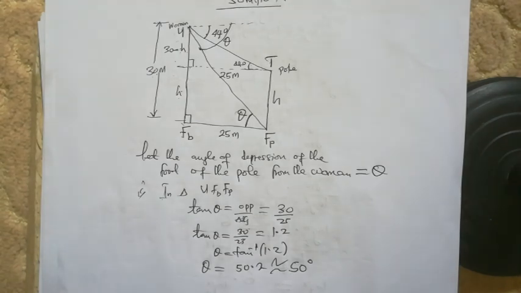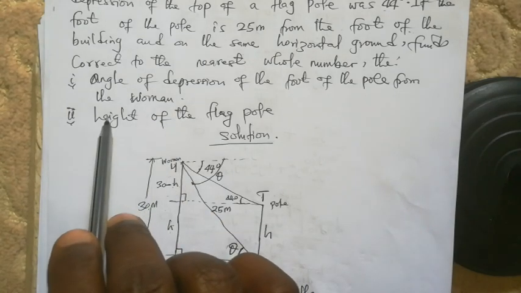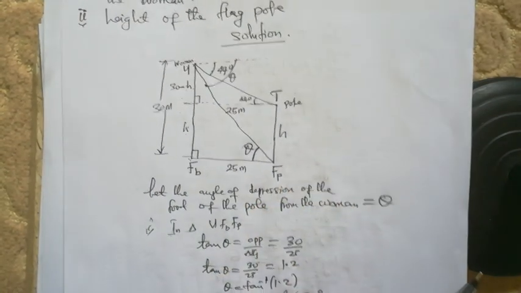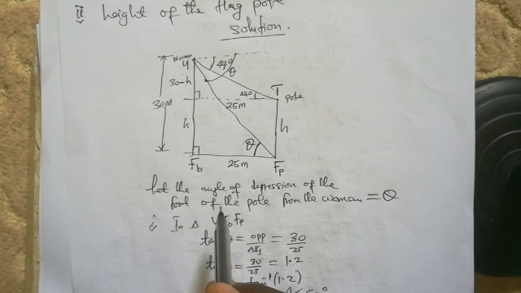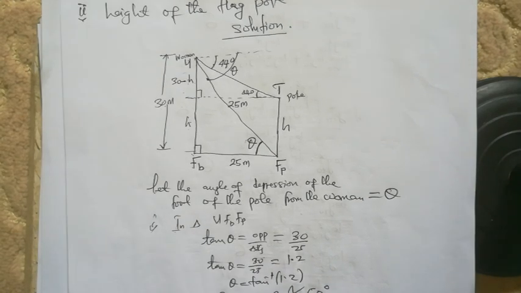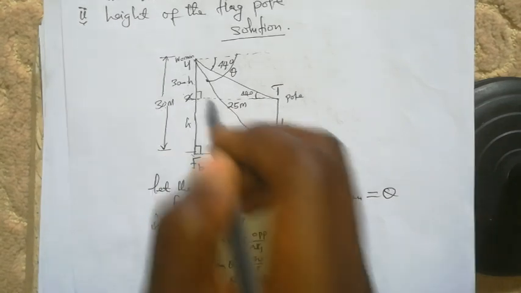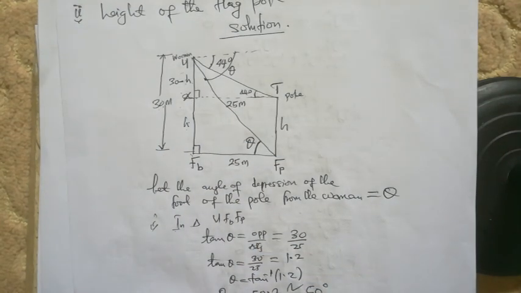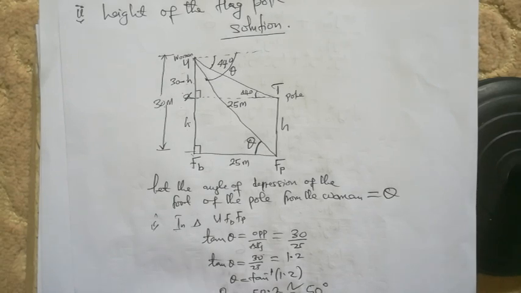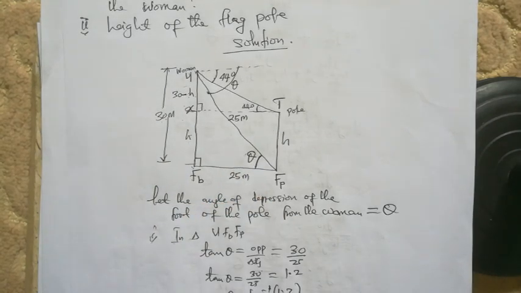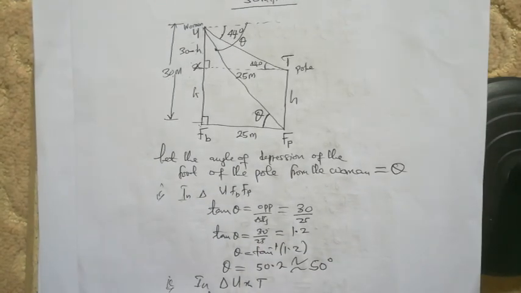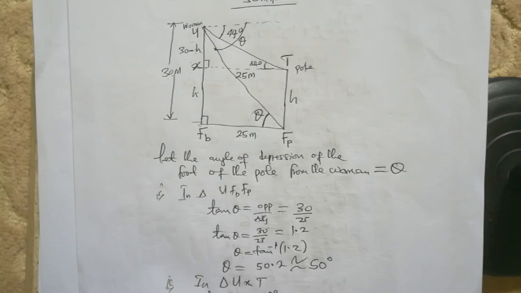For the second question, we are asked to get the height of the flagpole. If I'm considering triangle, let's say this is X, in triangle UXT, I can still say tan 44 degrees is opposite over adjacent.